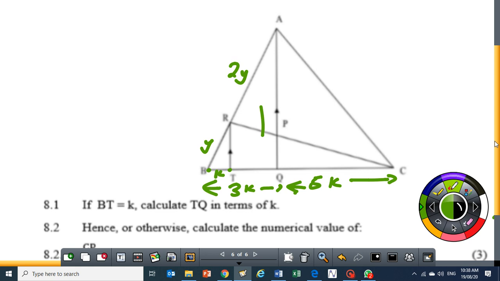Since we have a line parallel to AQ, I'm going to identify triangle ABQ and then use the proportion theorem to get the length of TQ.